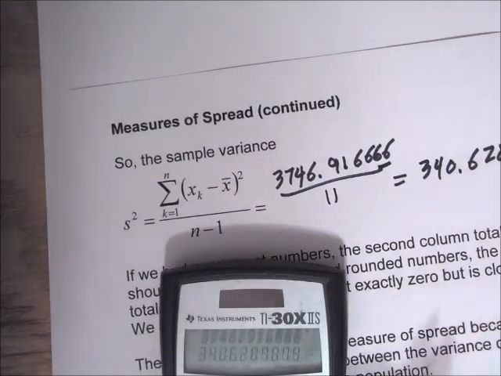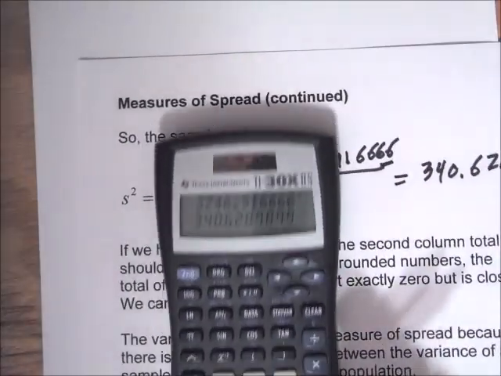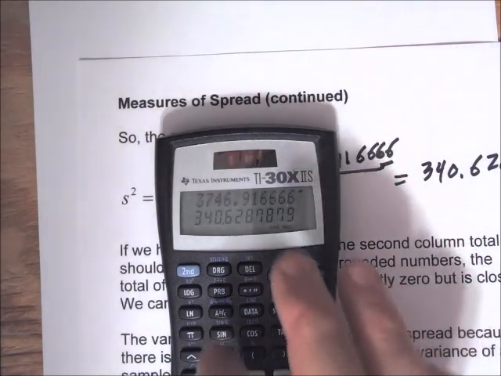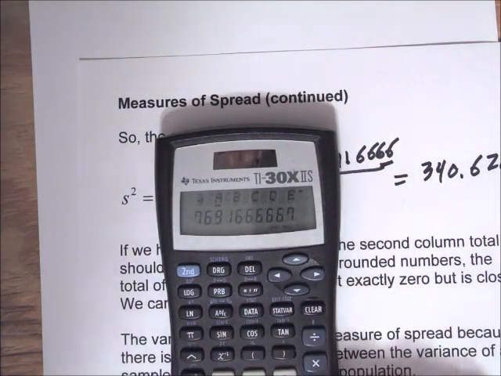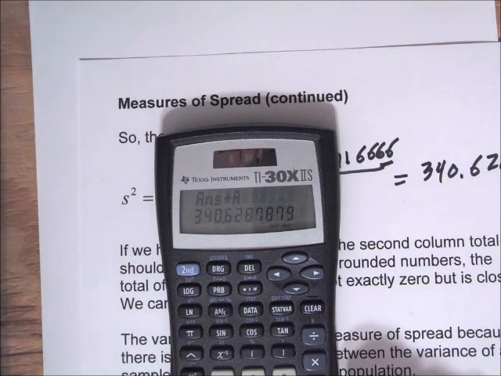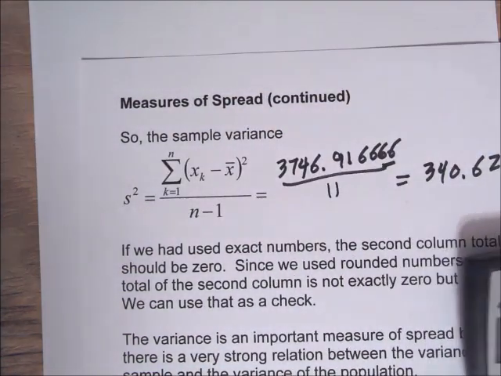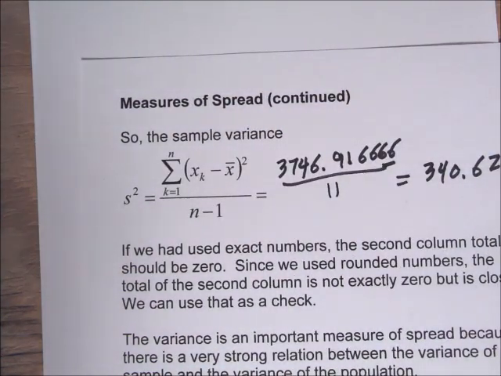Okay, so that's our variance, and I'm going to store that in memory. So push the store button and equals, and that's going to be in memory now. Okay, and that's our variance.